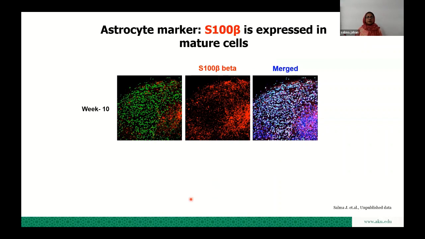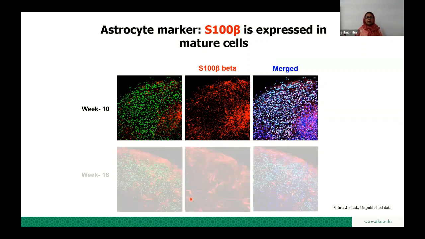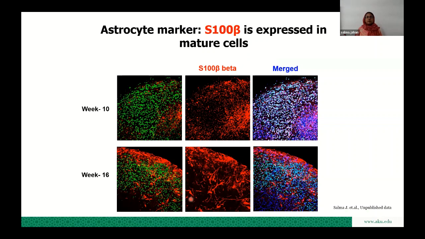I also applied S100 beta, an astrocyte marker, which is highly expressed starting at week 10 and exploded by week 16. It turned out all these systems gave me the same spatio-temporal architecture of brain development, which we are interested in to understand early brain development.